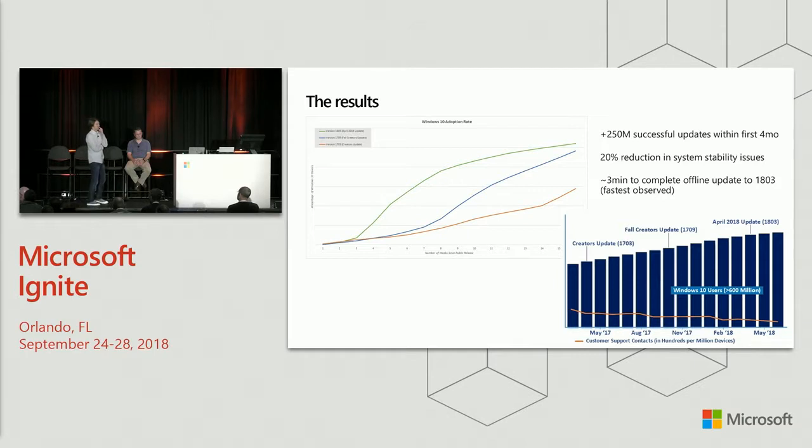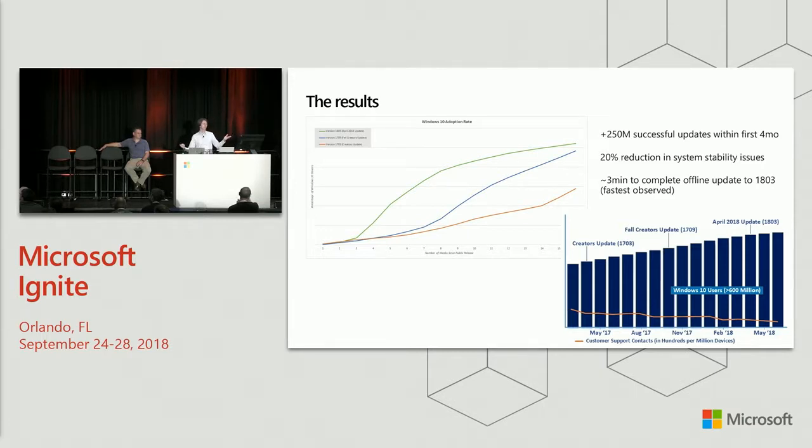And so here are the results. What you're seeing here is the last 3 releases as we've gone through that journey of learning and improving and trying to bias safety as we go. On the upper part, what you see is essentially the adoption, like how quickly each release is adopted.